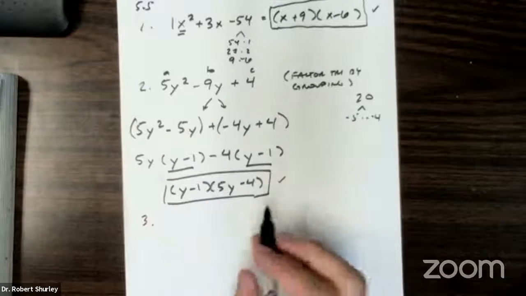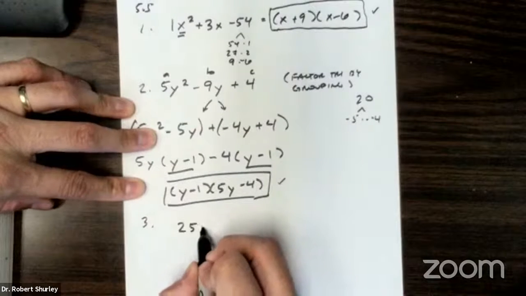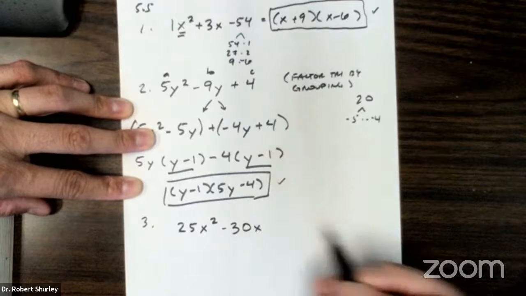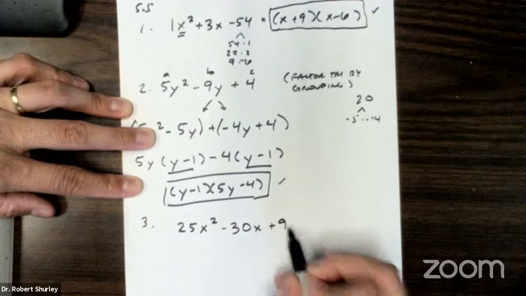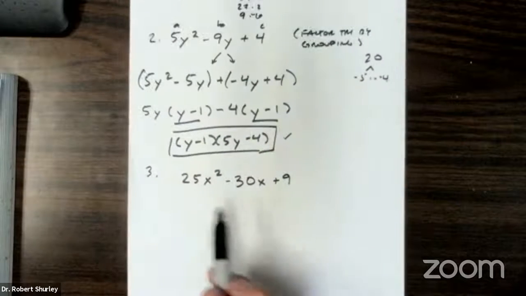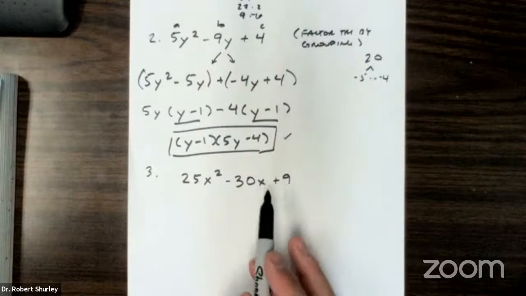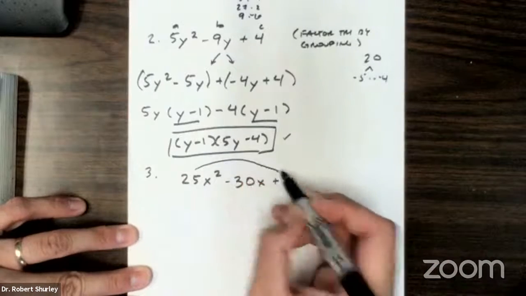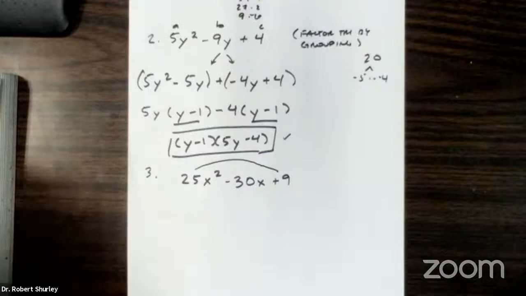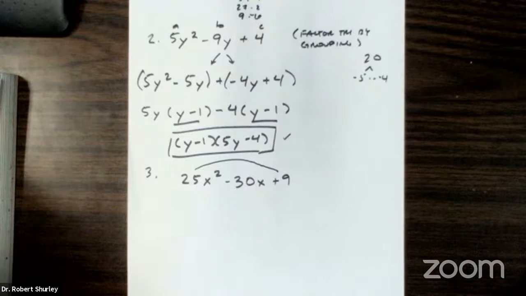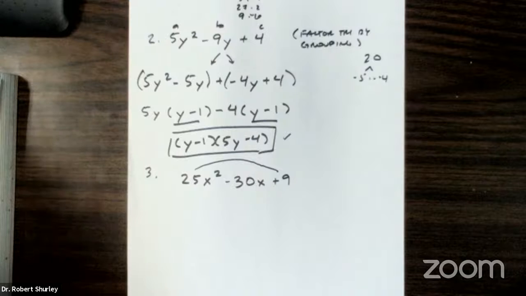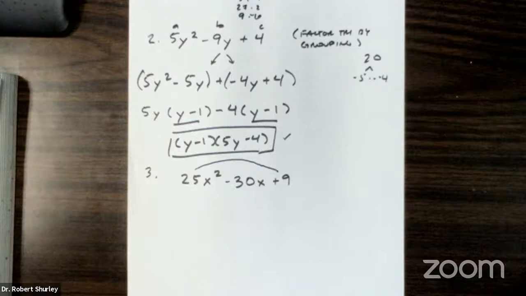This is like number 22. 25x squared minus 30x plus 9, which seems like a huge, these are going to be big numbers. I'm going to do it the same way. This factoring trinomials by grouping. 25 times 9 gives me, oh man, I'm going to bust the calculator out. Well, 9 times 25, is it 225? Yeah, 225.